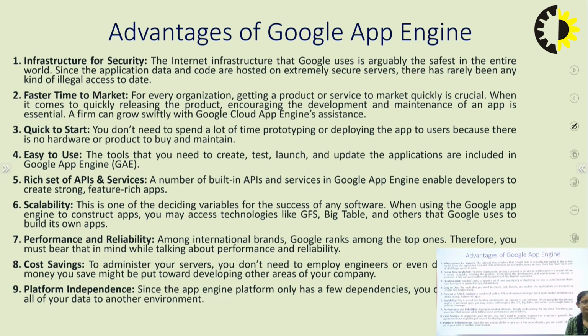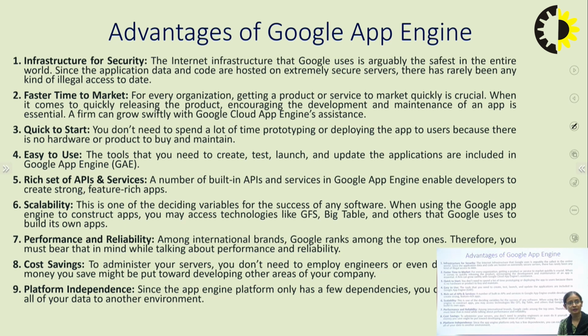Quick to start. You don't need to spend a lot of time in prototyping or deploying the app to users because there is no hardware product to buy and maintain. So it is very quick to start with. Easy to use. The tools that you need to create, test, launch, deploy, and update your applications are already included in GAE. Rich set of APIs and services.